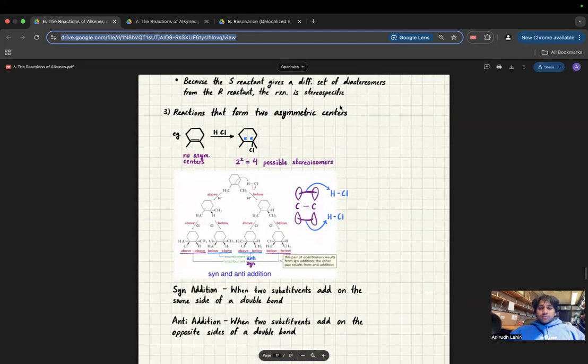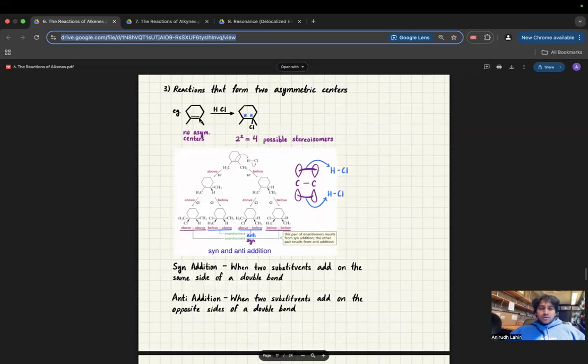Reactions that form two asymmetric centers. Here we have no asymmetric centers, and now we form two asymmetric centers. If we go from no asymmetric center to an asymmetric center, we can form both enantiomers of this product. If we form two stereocenters, we could have a total of 2 squared equals 4.